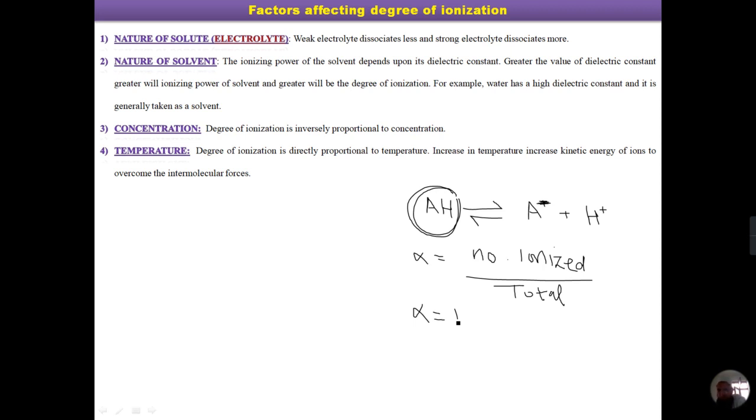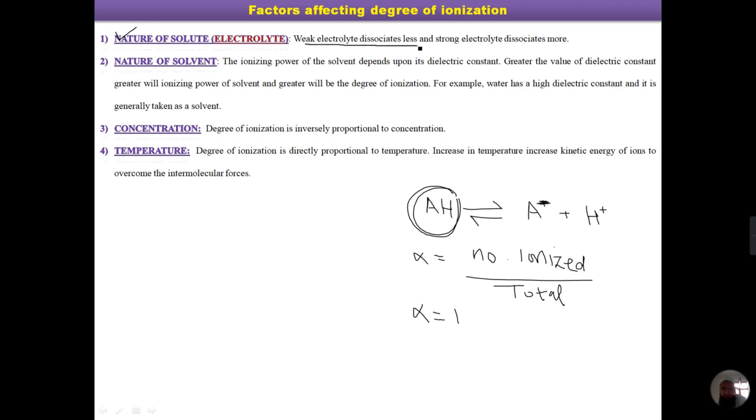जितना आप किसी भी electrolyte का value close to 1 आएगा, that means it's a strong electrolyte. और जितना कम आएगा, close to 0.1, close to 0, so that means it's a weak electrolyte. Very less number of molecules have actually got dissociated. So this degree of dissociation depends on, number 1, nature of solute or electrolyte.